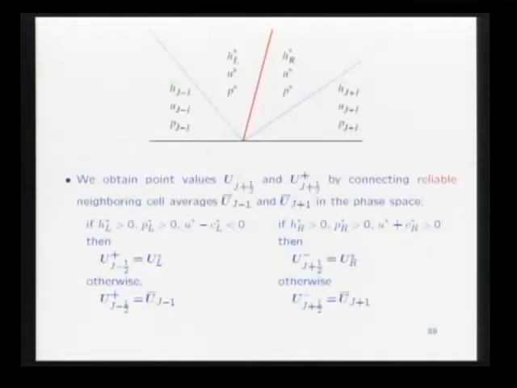And the interpolation is done the following way. I obtain these intermediate values, HL star, HR star, U star, and P star. And this is a contact wave. That's where the temperature jumps.